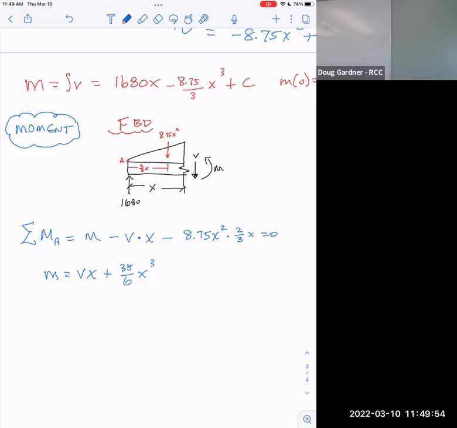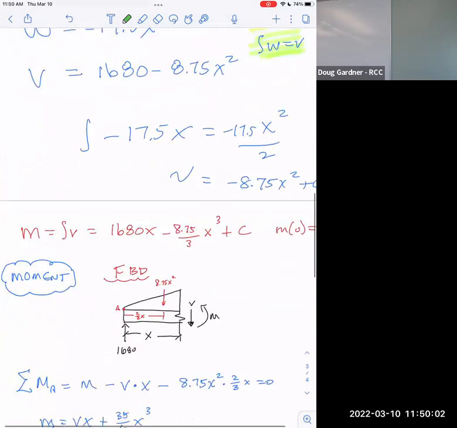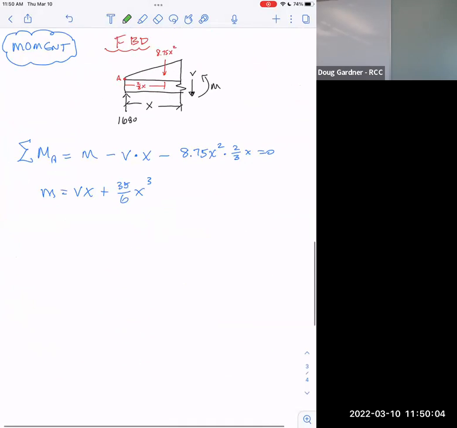We'd really like v gone. And since v from earlier was 1680 minus 8.75x squared, everything's getting an x, so it shouldn't have a constant. You're exactly right.